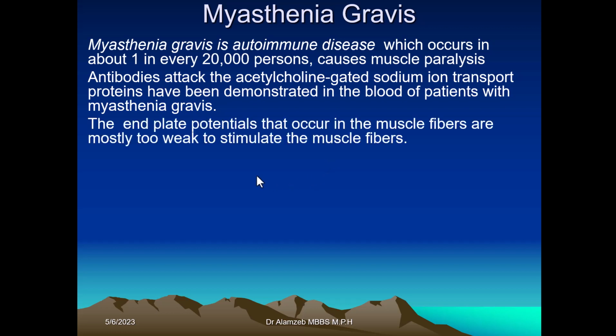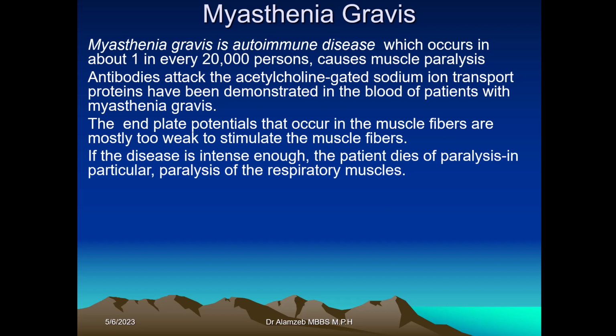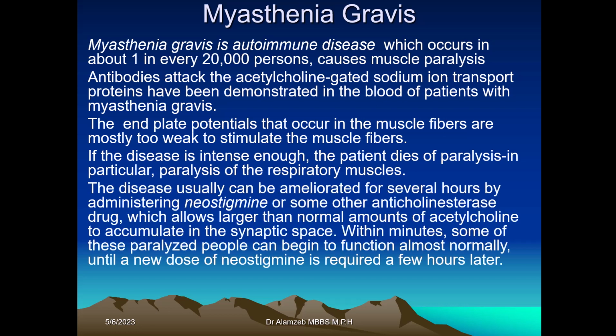The end plate potentials that occur in the muscle fiber are mostly too weak to stimulate the muscle fiber. If the disease is intense enough, the patient dies of paralysis, particularly paralysis of the respiratory muscles.